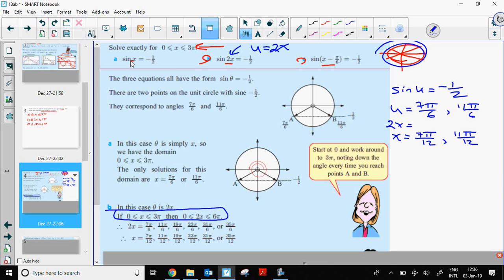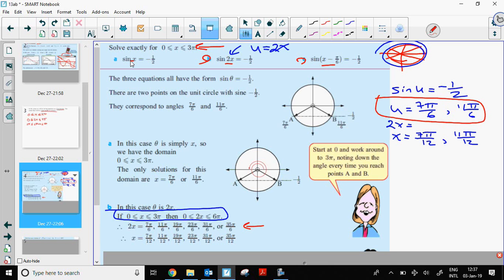So if x is in between 0 and 3 pi, then that means that 2x has to be in between 0 and 6 pi. So at this stage right here, we need to get more answers. u has to be in between 0 and 6 pi, not 0 and 3 pi. So we'd work out these additional values here.